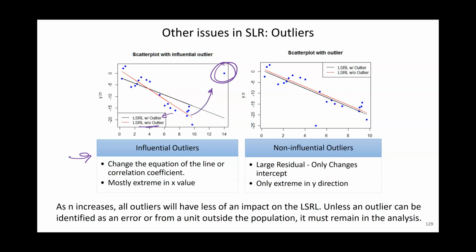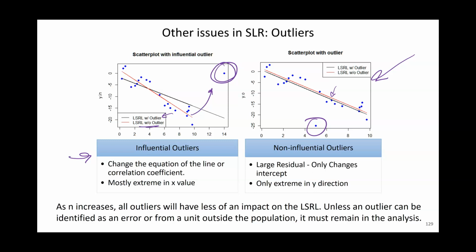So an outlier will be influential if the line moves a lot when you remove the point. Versus you can have an outlier like this one, and it really doesn't influence that much. Yes, it shifted the line a tiny bit, but that slope is pretty much the same. It really didn't change the line that much.